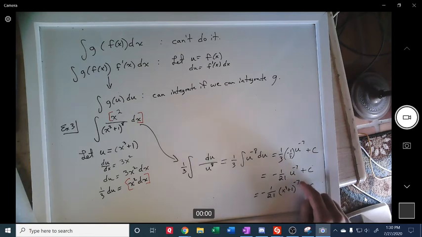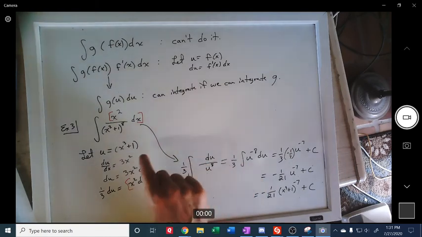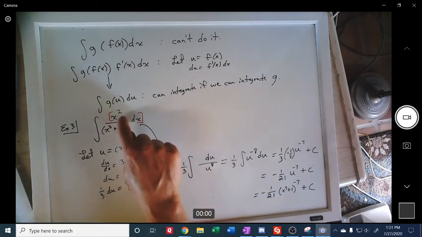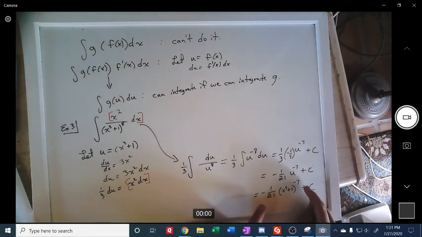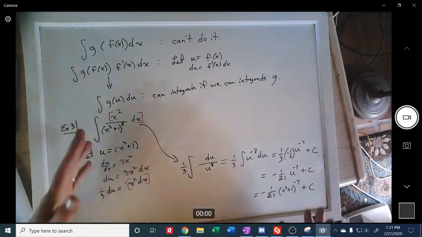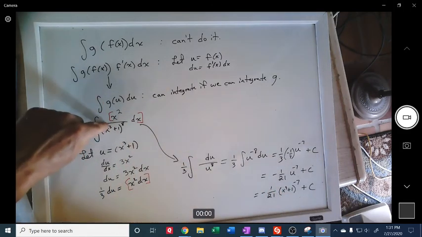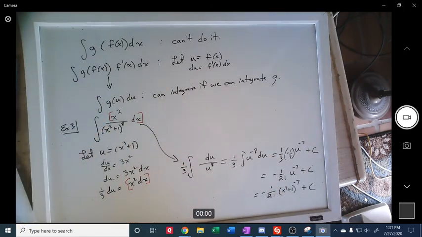This to the negative 8. Chain rule, and I get times 3x squared. And the 3x squared would give me the x squared, and the 3 and the 1/3 kill each other off, and we get the derivative of this is this thing right here.